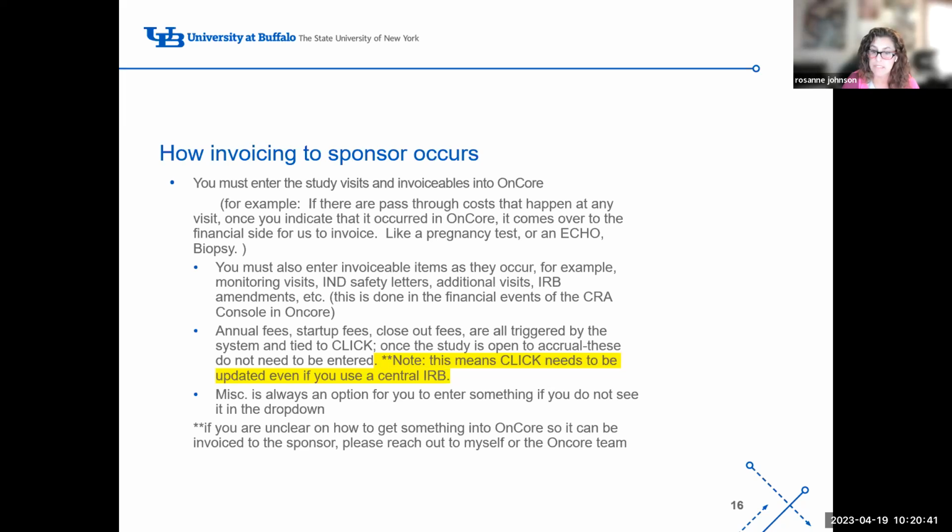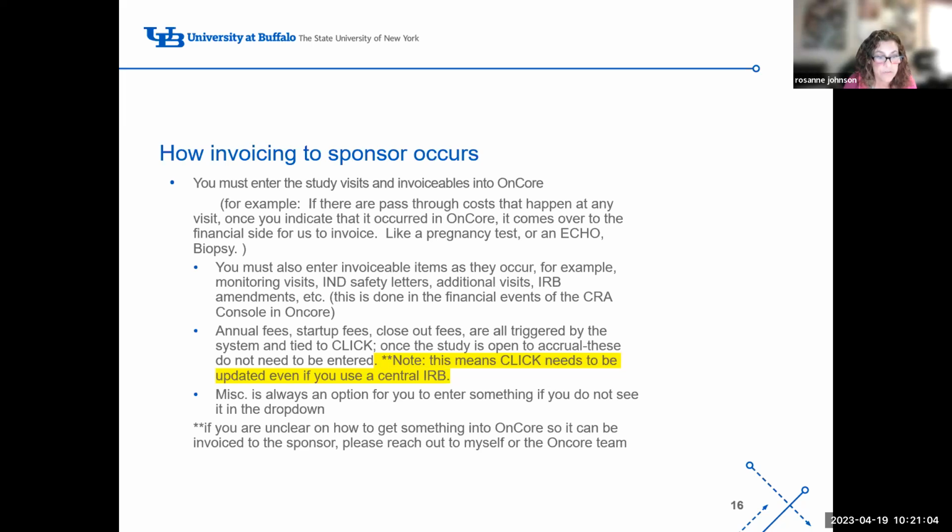And the last way items can be entered is by adding additional procedures or adding an additional visit. The additional procedures can be added while you're within a visit, or you can add an additional unscheduled visit in general for a subject.